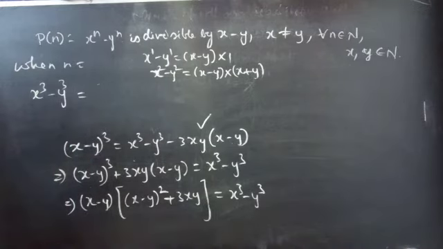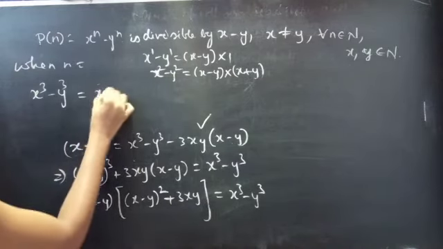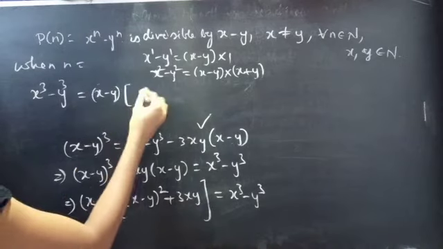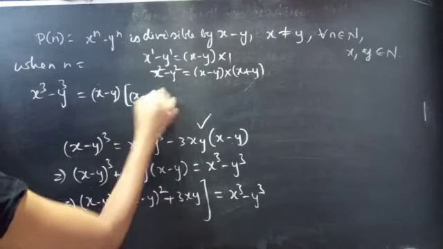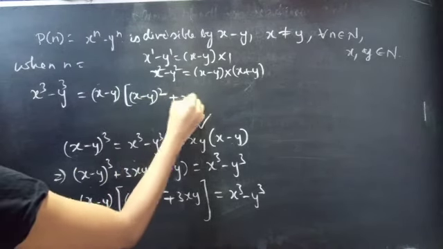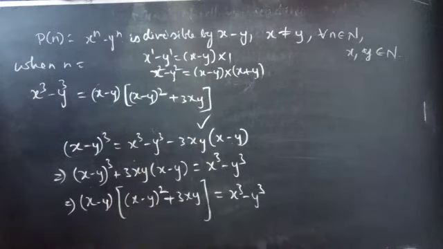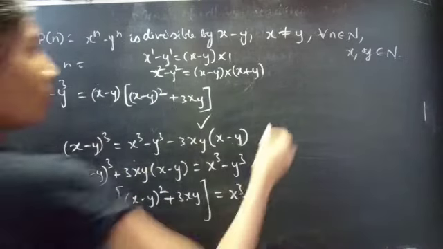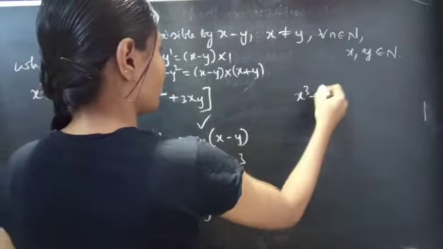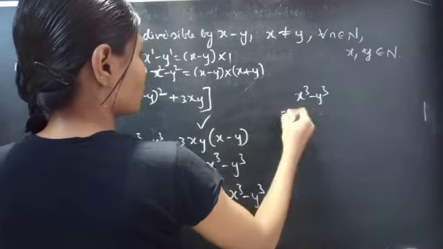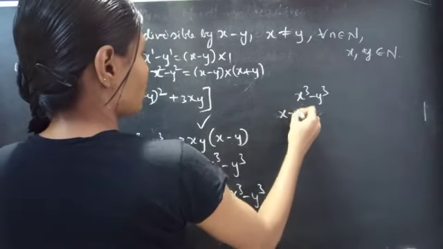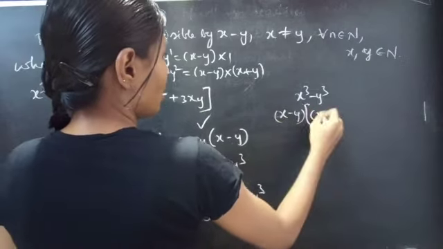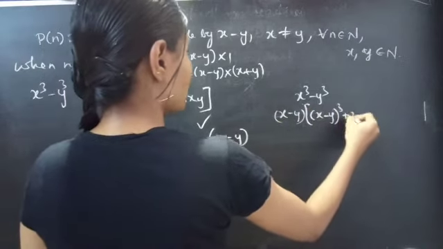Now we can write x cube minus y cube as (x minus y) into [(x minus y) whole square plus 3xy].